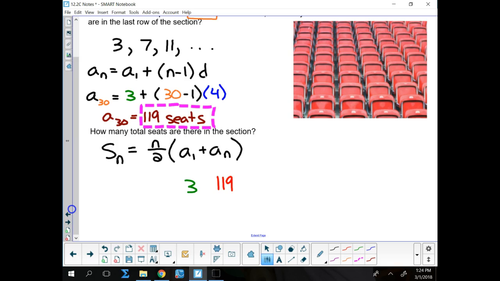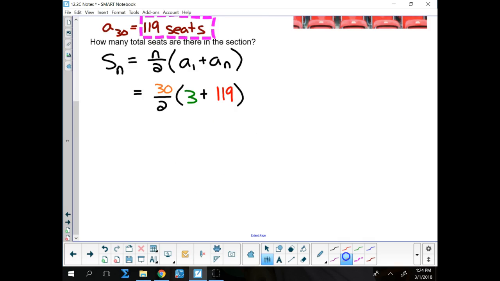Do I know how many total rows there are in this section? There's 30. So 122 times 15.